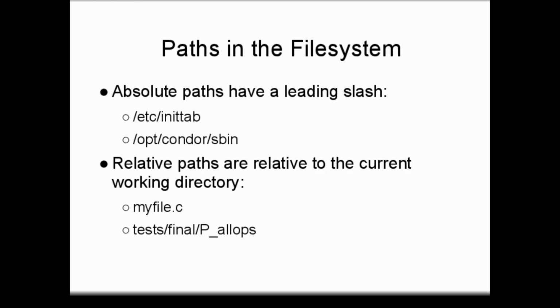Thus, a relative path myfile.c is going to refer to a file named myfile.c located in the current working directory. The path tests/final/p_allops is going to refer to a file that is in the final subdirectory of a tests directory that can be found in the current working directory.